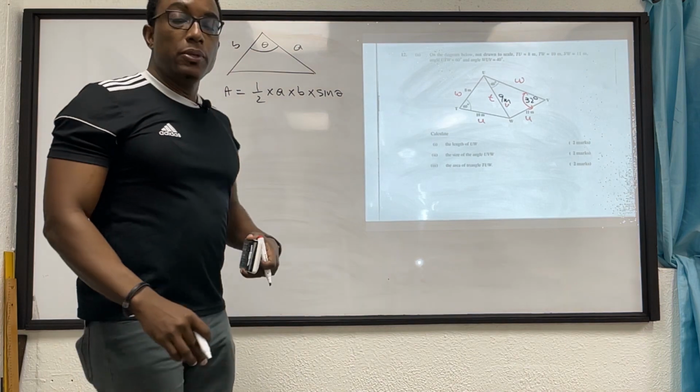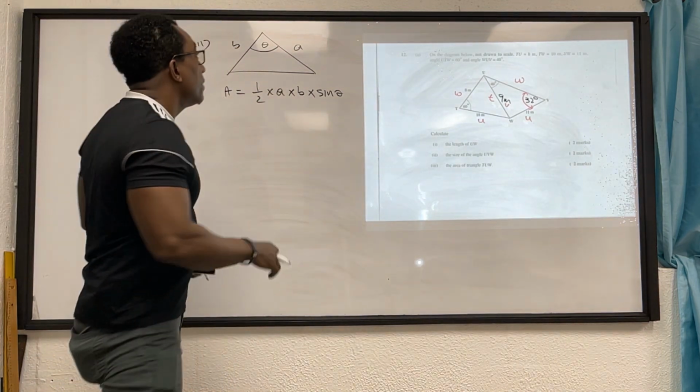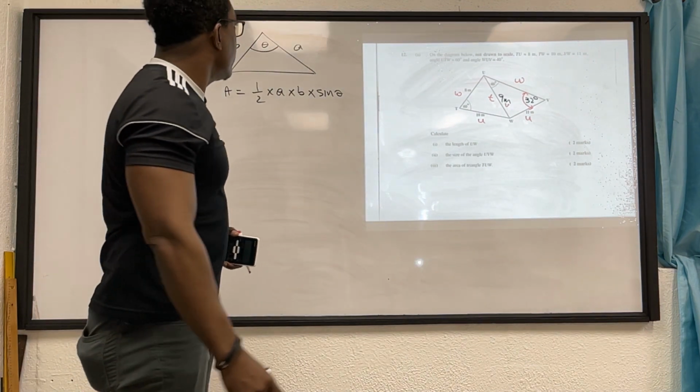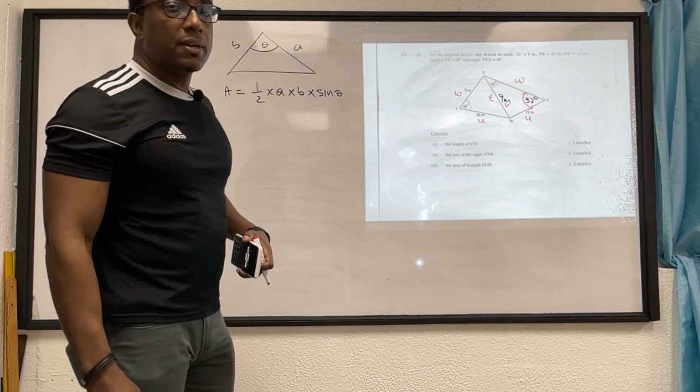So that's the formula we use to find the area of a triangle, provided you have 2 known sides and an included angle.